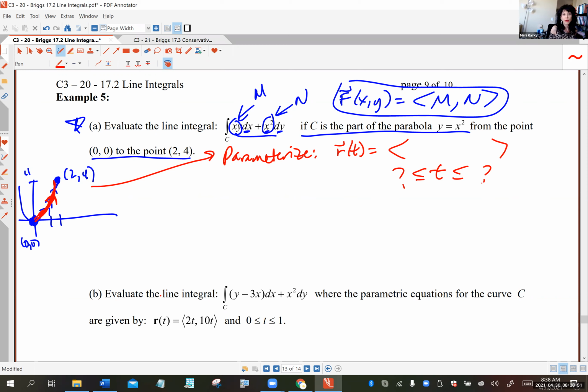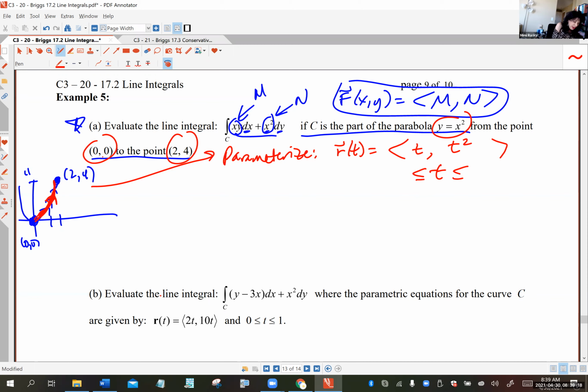I told you how to parameterize like 2 or 3 months ago when you have a function of x. So when you have a function of x, y equals x squared, that's a function of x, you let x equal t, and then y, since y is equal to x squared, will be equal to t squared. And now, sometimes this is the hard part, what starting and stopping times will match the starting and stopping points?